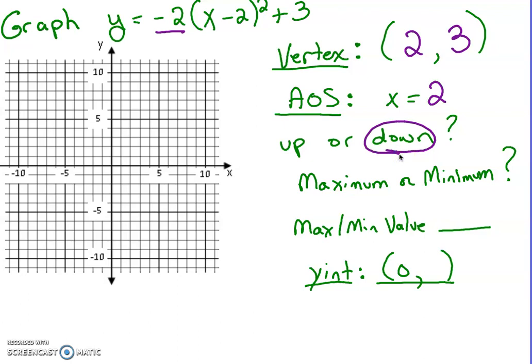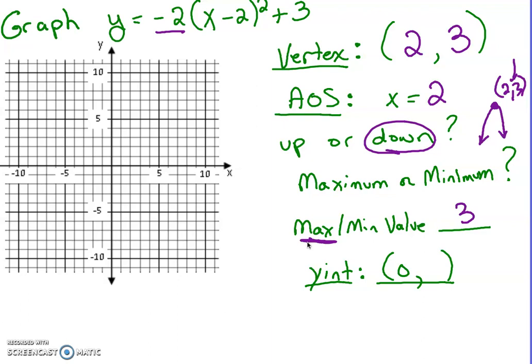And then what I want to do is find the minimum or the maximum of this parabola. Since it opens down, it's going to look like this. The vertex (2, 3) will be the highest point, that 3 right there. So that would be the maximum value. Again, it's the highest point on there.